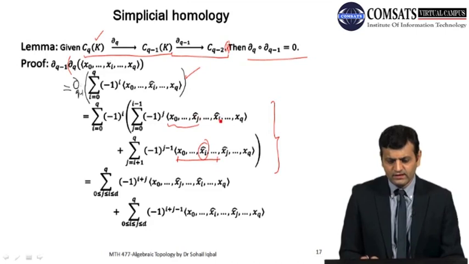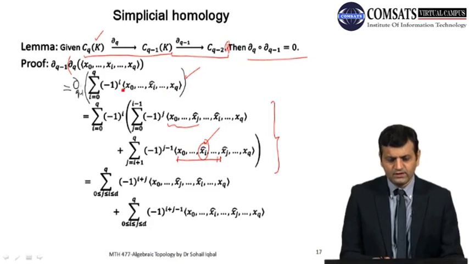When j is less than i, there are j vertices before j, so we can write minus 1 raised to power j. But in this case, before j there are not j vertices, there are j minus 1 vertices, because we have already removed x_i and we are imposing that j is equal to i plus 1 to q. That's the difference between when j is before i and when j is after i.